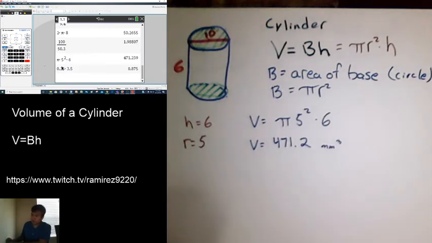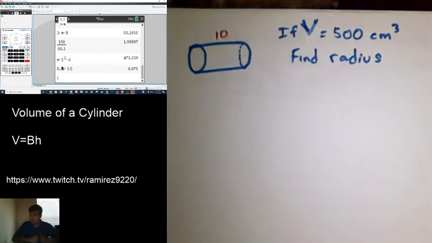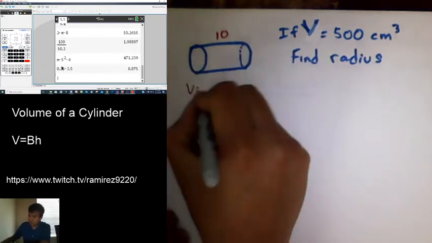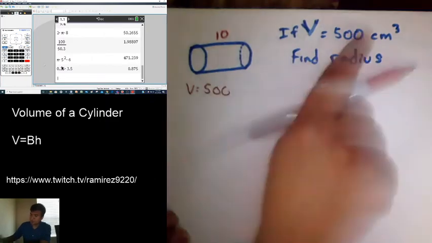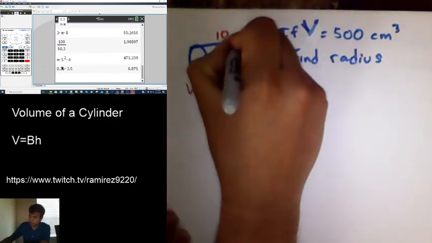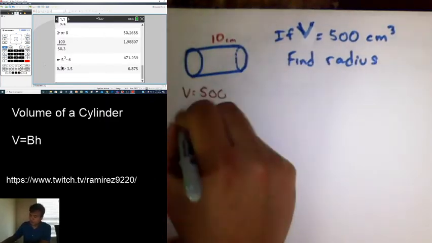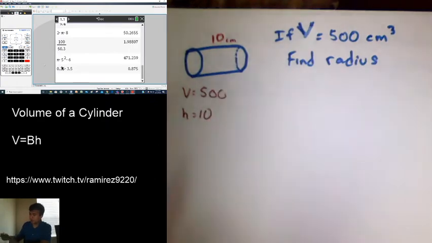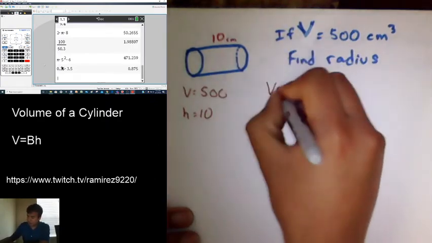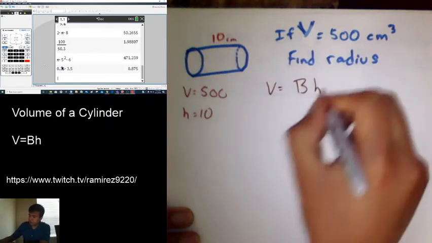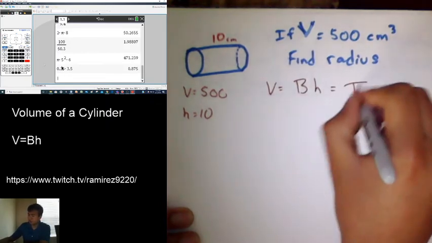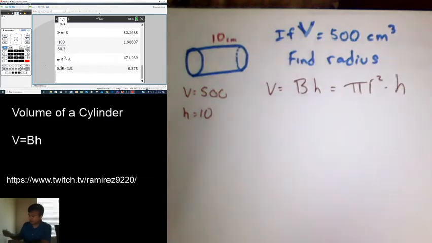A few more examples. What if you have to find an unknown value? What if they already told you the volume is 500 and asked you to find the radius? It is given that the volume is 500 centimeters cubed, and the height is 10 centimeters. Remember that volume is big B times h, which in a cylinder translates to pi r squared times h.